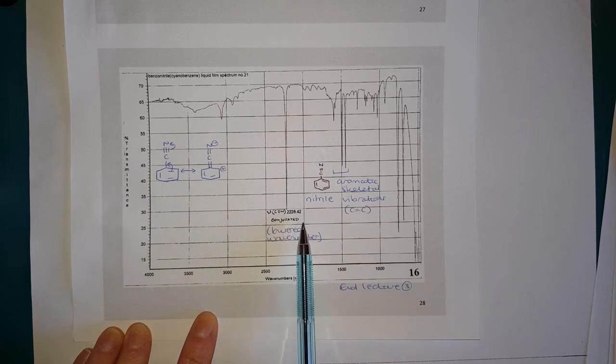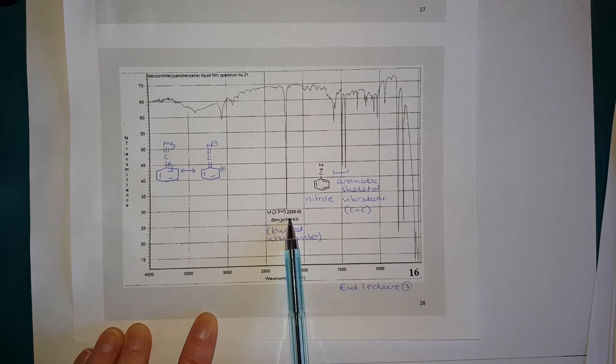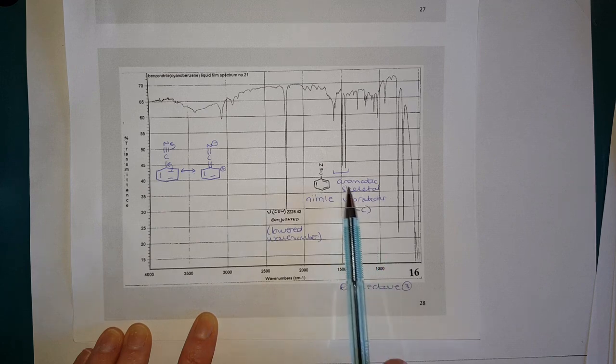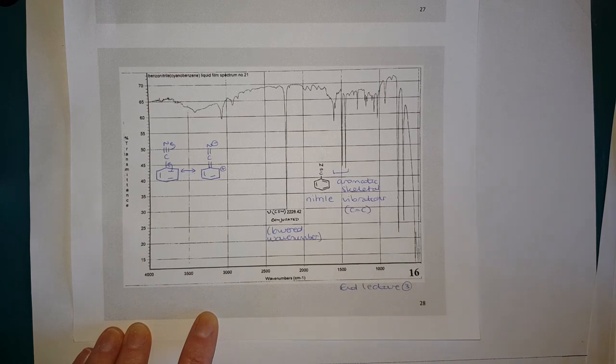So in our spectrum here, the carbon-nitrogen stretch is at a bit of a lower wave number than we'd normally expect, and our aromatic skeletal vibrations again appear about 1450 to 1500 wave numbers. So that ends lecture 3, and next lecture we'll be looking at how we follow reactions using infrared spectroscopy.